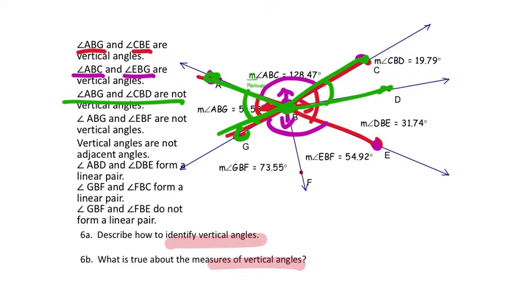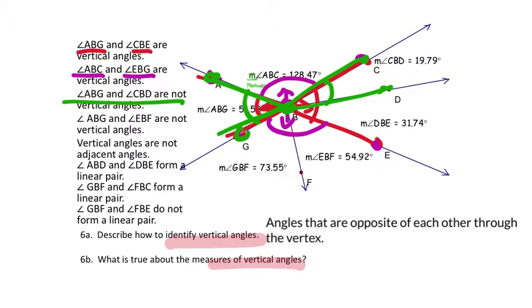It's true, but not only do vertical angles have to be through the vertex, they also have to be exactly the same size. Okay? So that's what I'm going to put over down here. Describe how to identify vertical angles. Angles that are opposite of each other through the vertex or intersection.